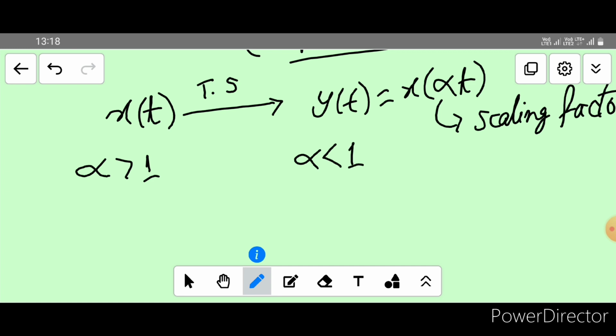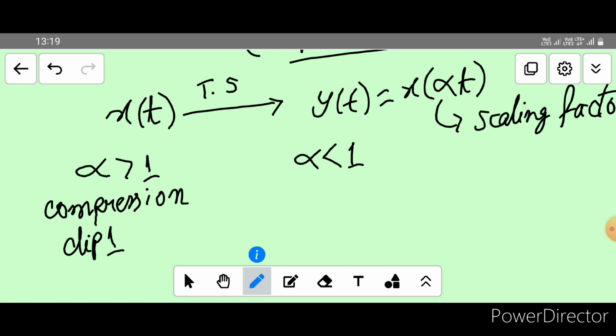Now, if alpha is greater than 1, then our signal will be a compressed version. That is, our signal will undergo compression. That is similar to clip 1.